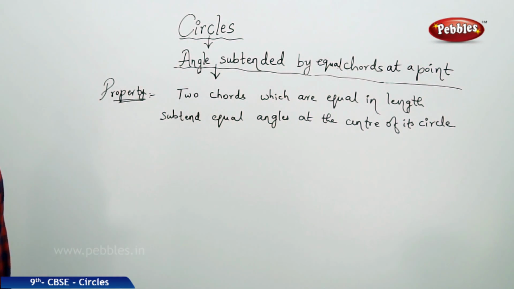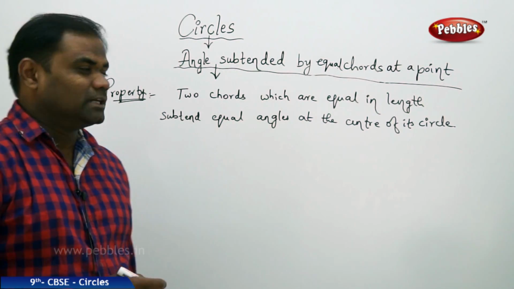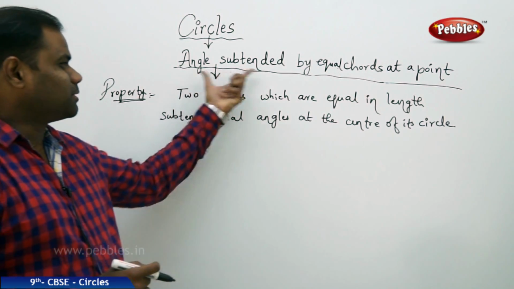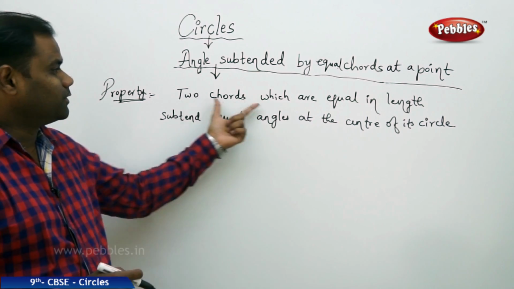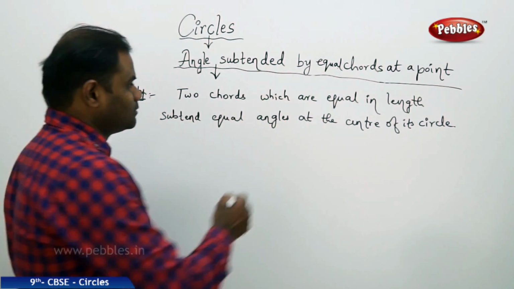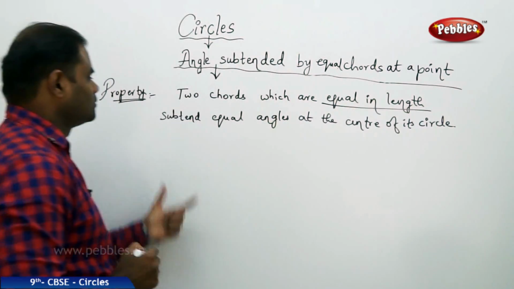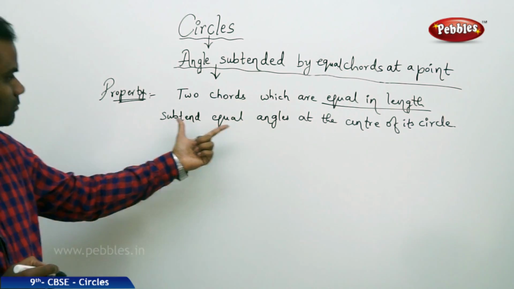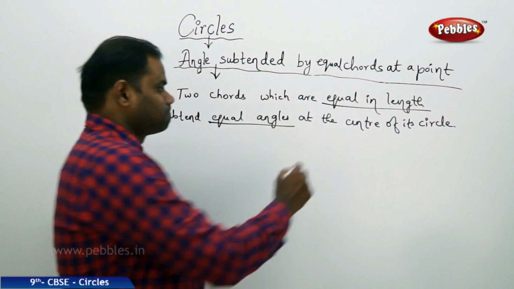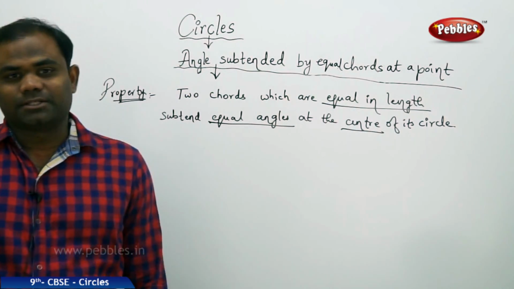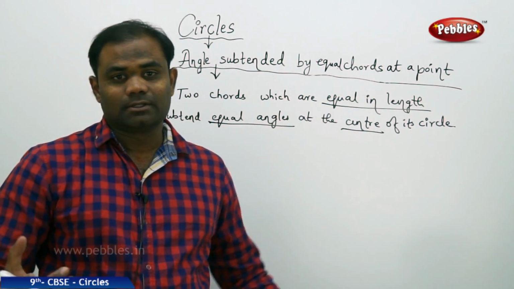This is how the property comes. So the first property, which connects angle subtended by equal chords at a point, states that two chords which are equal in length subtend equal angles at the center of its circle. So let's see this through the geometrical circle diagram.